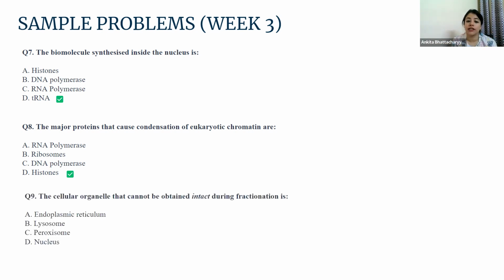Then the cellular organelle that cannot be obtained intact during fractionation is A, endoplasmic reticulum, B, lysosome, C, peroxisome, and D, nucleus. When we talk about fractionation, as the term indicates, it is a process where you are fractionating or getting different parts or components of the cell, right?